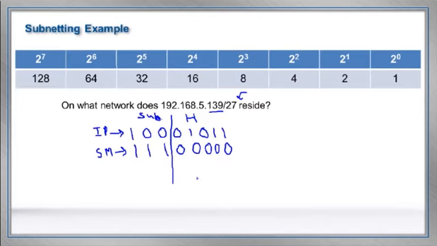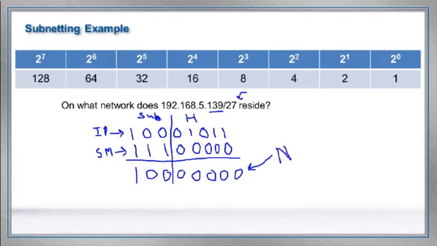We can figure this out with this neat ANDing process. 1 times 1 in this first bit position is 1. 1 times 0 is 0. 1 times 0 is 0. 0 times 0 is 0. 1 times 0 is 0. 0, 0, 0. You get the idea. After you get done ANDing, this is the network we reside on.